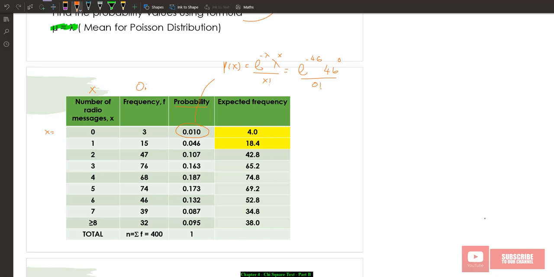Then column number 4, which is the expected frequency, is obtained from n multiplied with p_i. So n is equal to 400 multiplied with 0.01, which is equal to 4.0, and so on.